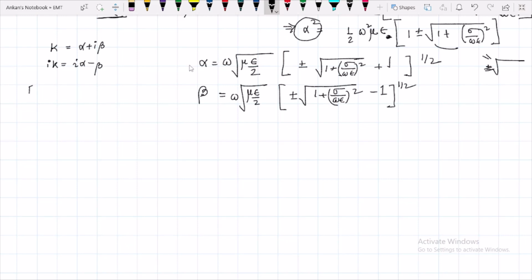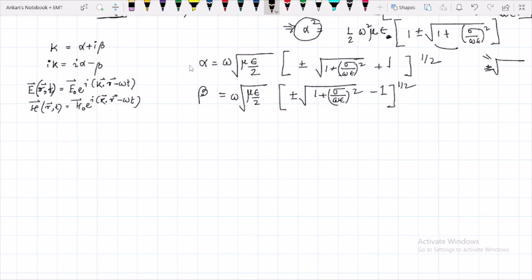Now the solution of the electric field that we already discussed is nothing but a function of both position and time, E naught e to the power i k dot r minus omega t, and H will be H naught e to the power i k dot r minus omega t.